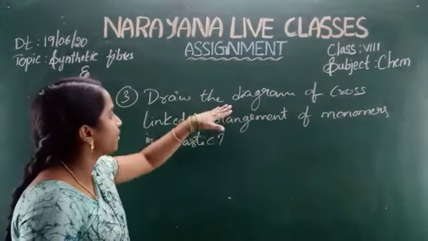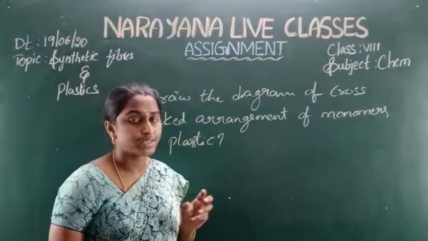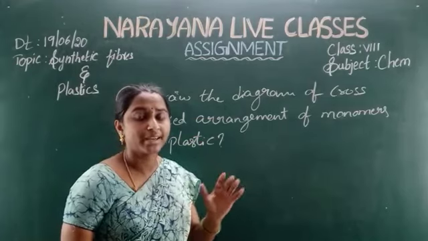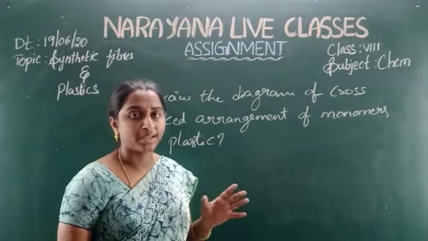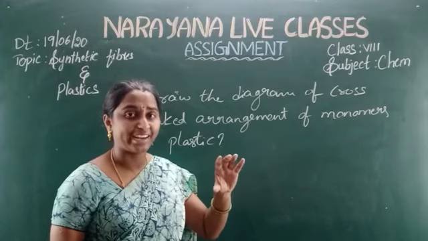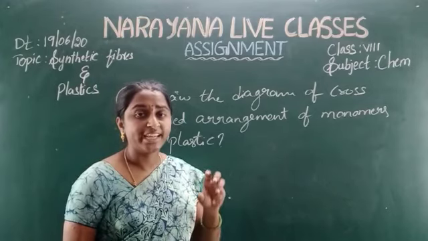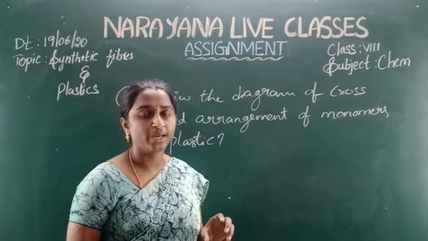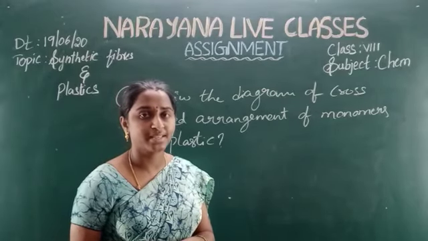So, in a plastic polymer, monomers are arranged in a regular manner. For example, if we take the construction of a wall, bricks are arranged in a regular manner to construct the wall. There each brick is called a monomer and the total wall is considered a polymer. That is the best example.